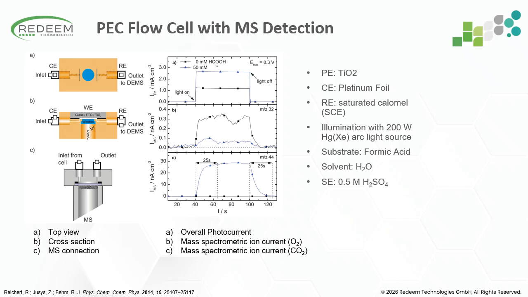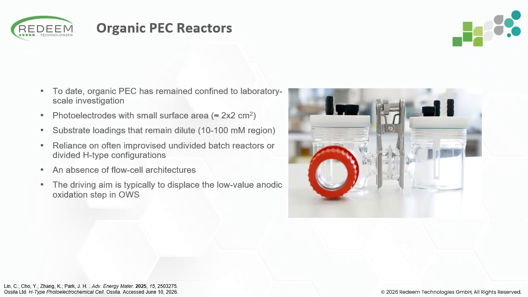And although this is rather specialized and an analytical device rather than a process reactor, it represents one of the early examples of where reactor design becomes an integral part of the research. Instead of simply performing a reaction in a batch cell, the cell architecture is deliberately engineered to enable new in situ characterization.